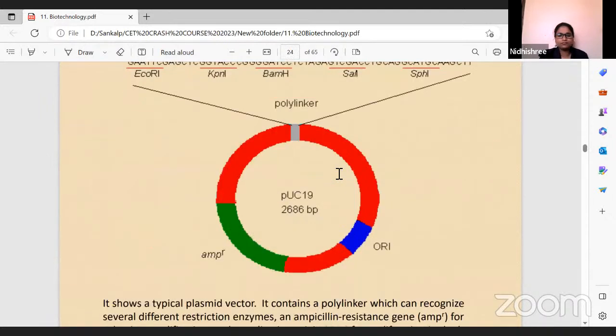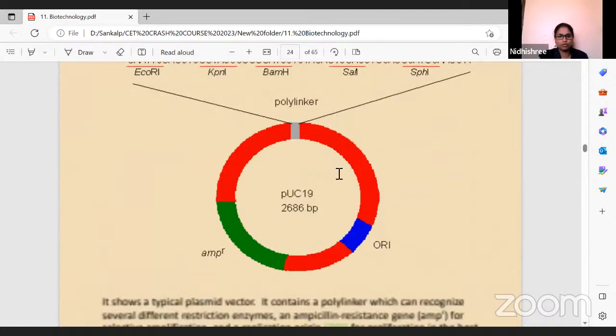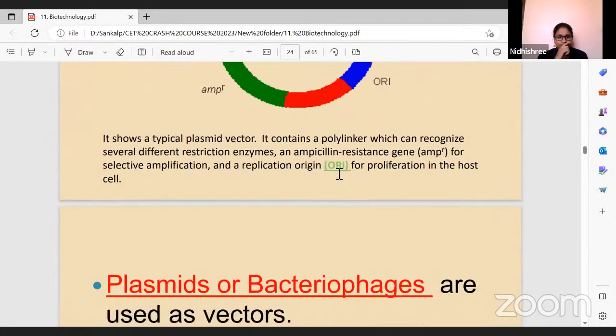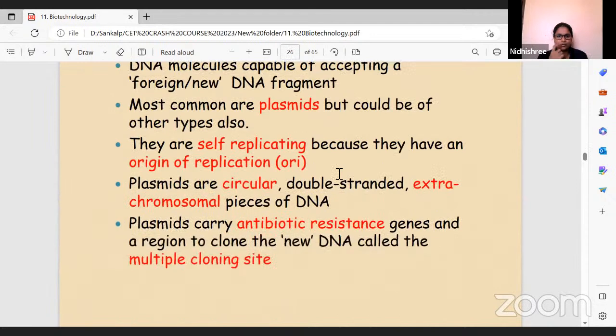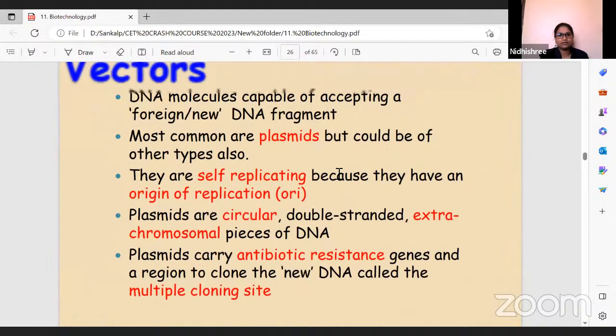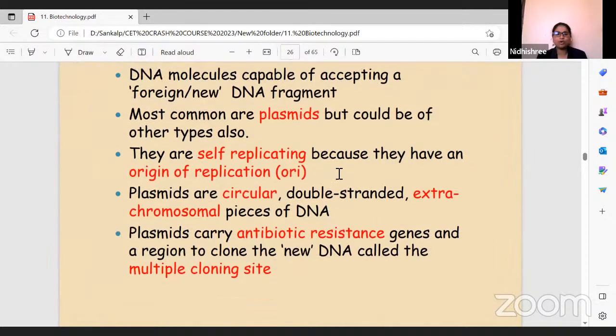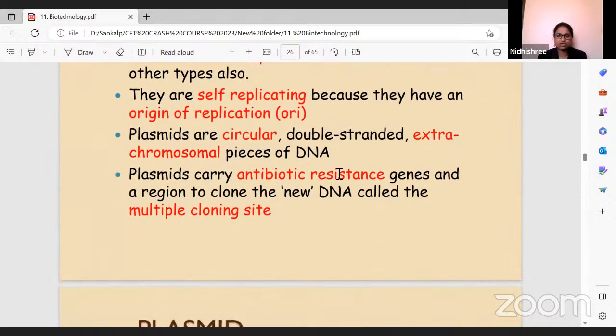We have the cloning vector pBR322 here. Plasmids or bacteriophages are vectors. Vectors means DNA molecules capable of accepting foreign or new DNA. Most common are plasmids. We know that. Plasmids are circular extrachromosomal pieces of DNA.